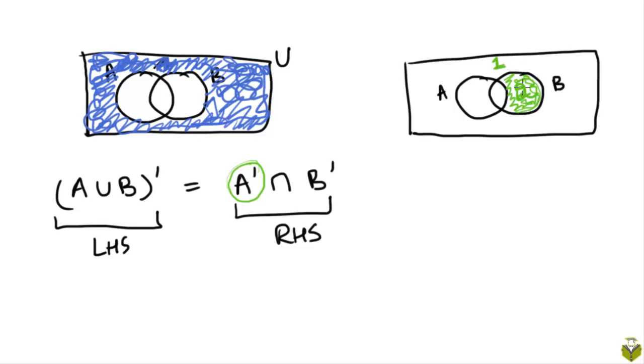What about region 2? Region 2 is inside of the circle representing B, so there's no overlap between region 2 and B complement. So the only overlap between A complement and B complement is region 1. But note that region 1 is precisely what we shaded here using the color blue. This means these two sets are actually the same.